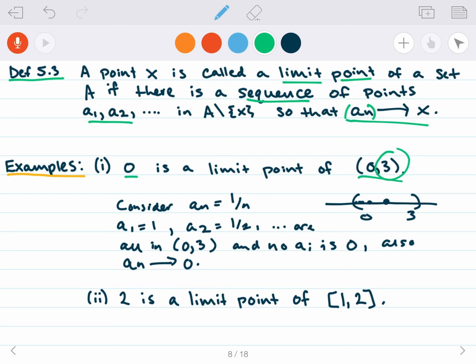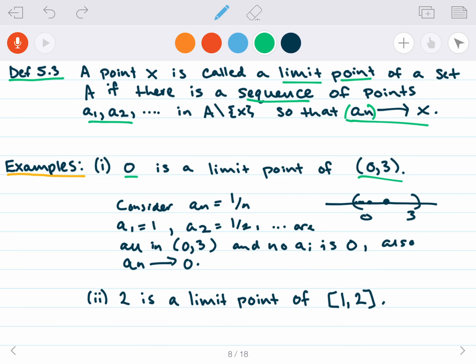In fact, 3 is also a limit point. We can find a sequence in this set that converges to 3. In particular, 3 minus 1 over n, where n is a natural number, is completely contained in here.